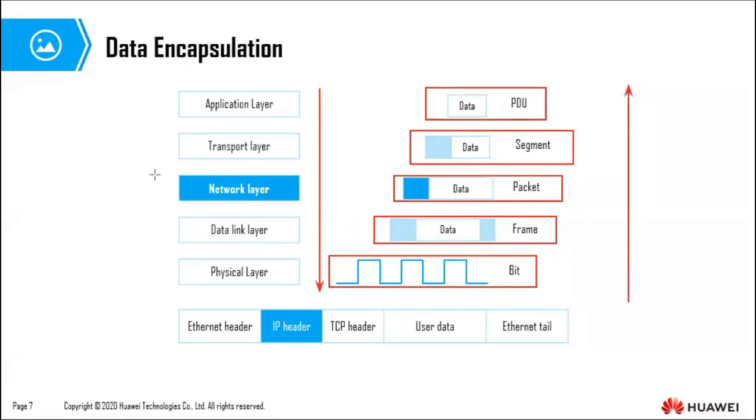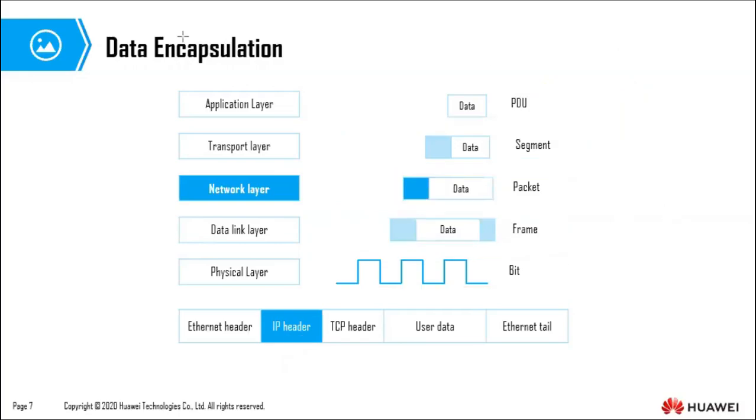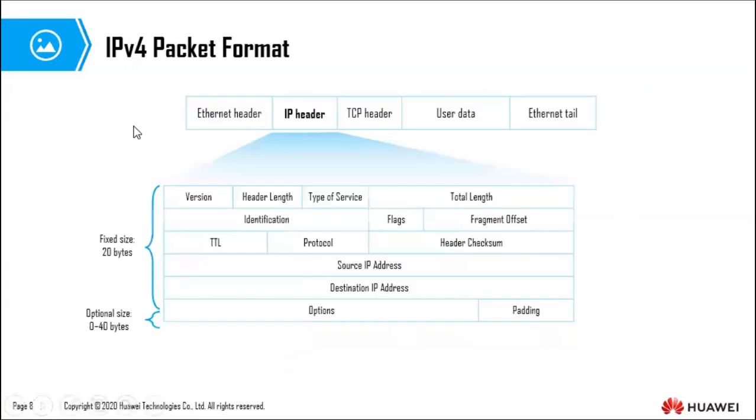Decapsulation. Now, at the network layer specifically, we add an IP header, an Internet Protocol header. We are going to see the contents of that particular header.